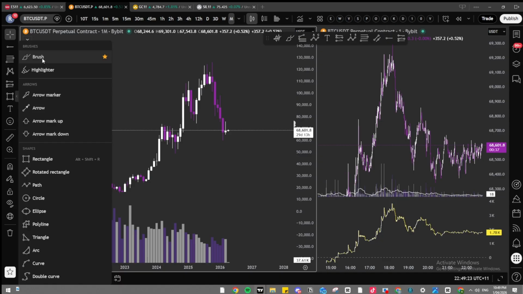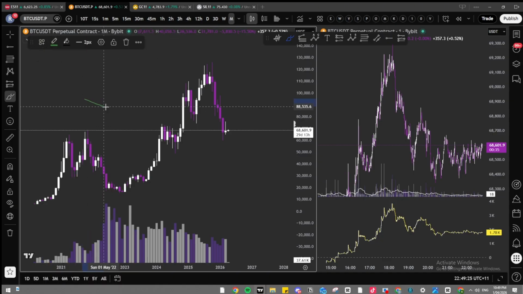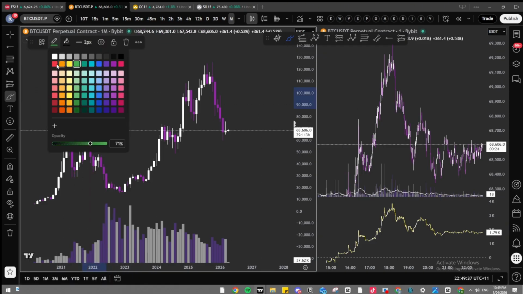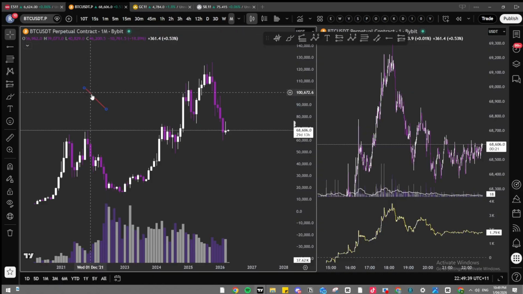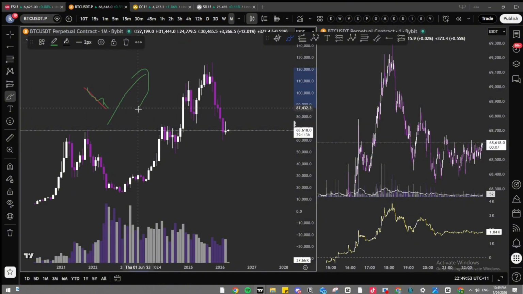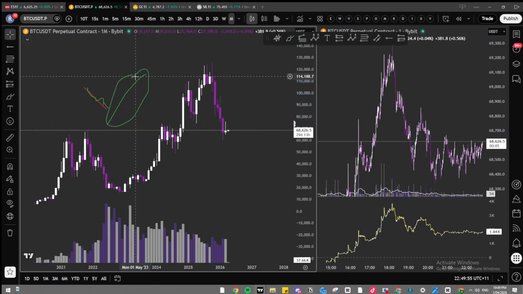And technically speaking, if the lower time frame is not aligned with the higher time frame, so if the lower time frame is going down, we can see it in the structure, right? But the higher time frame is going up, you want to pay more attention to the higher time frame because that holds more merit, okay?